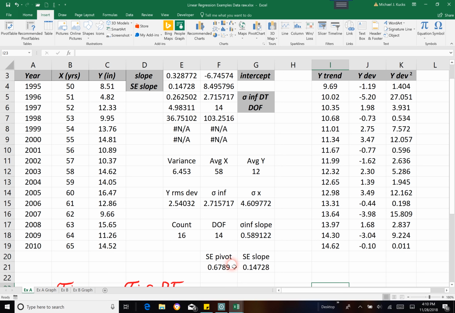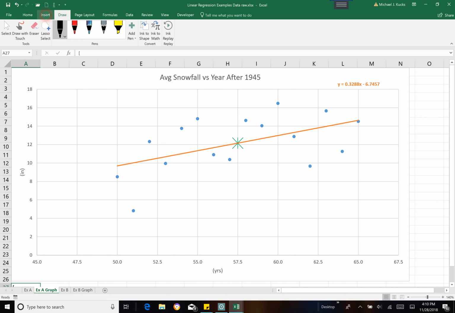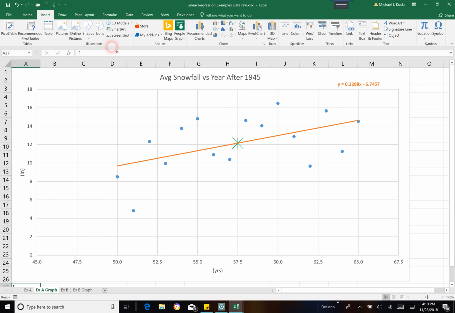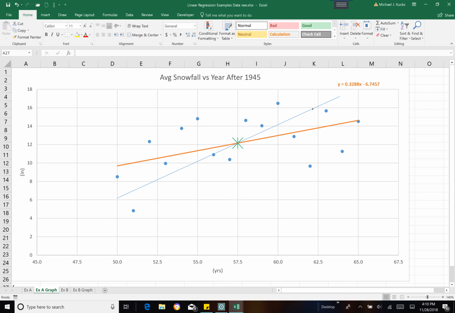And here's something that you need to realize. Let me draw something on here. Let me just draw another line here, as if this is a representation of a fluctuation in the slope.